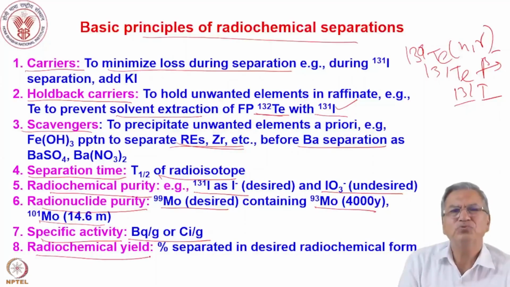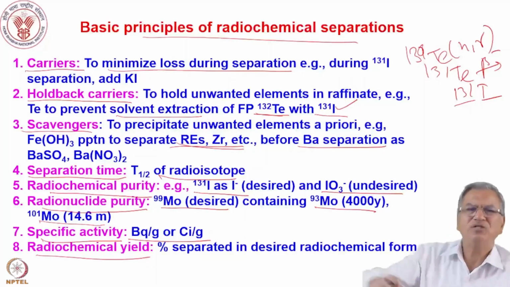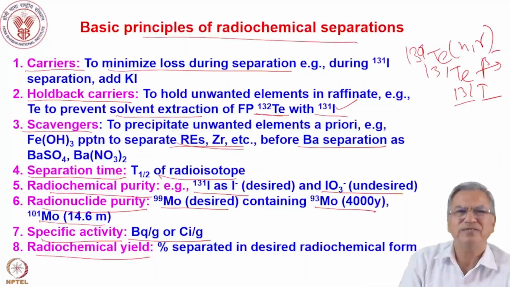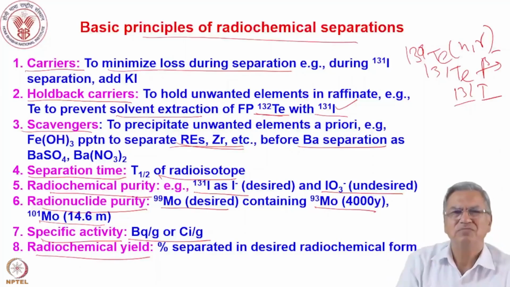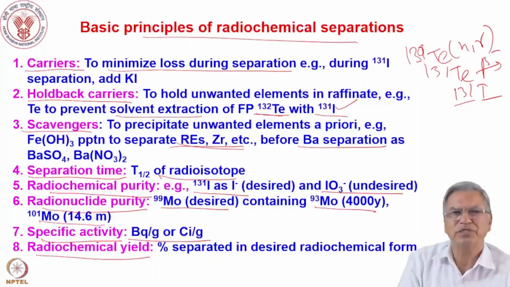Many a times you are doing radiochemical separation. What fraction of that isotope has got separated in your final fraction? So you started with, let us say, 10 curie of that particular activity, and at the end you get 9 curie present in that chemical form. So you can say radiochemical yield is 90%.